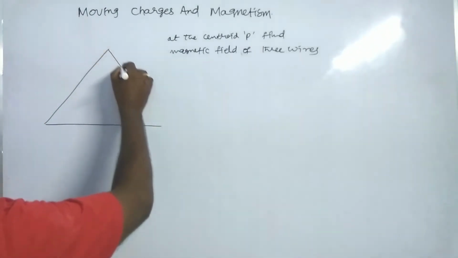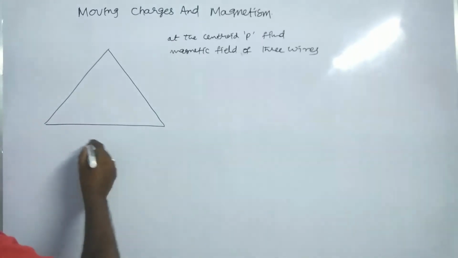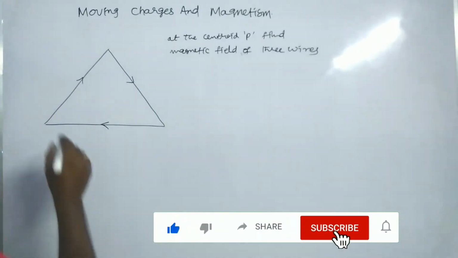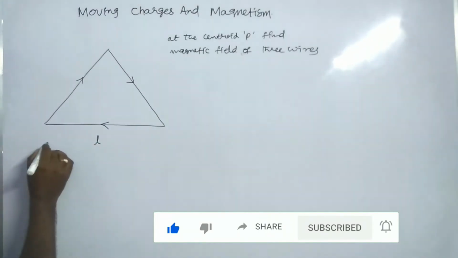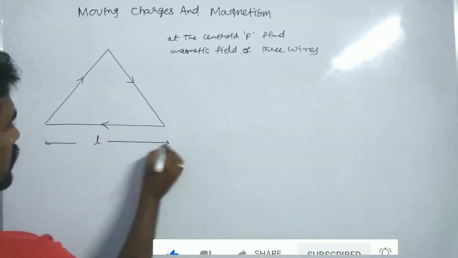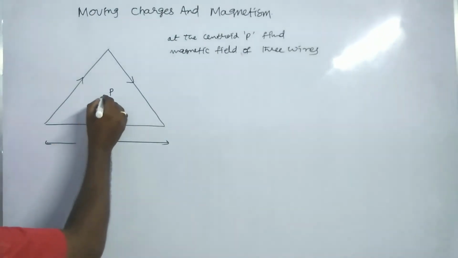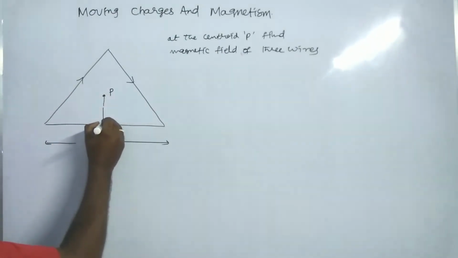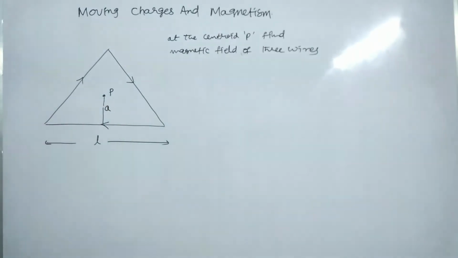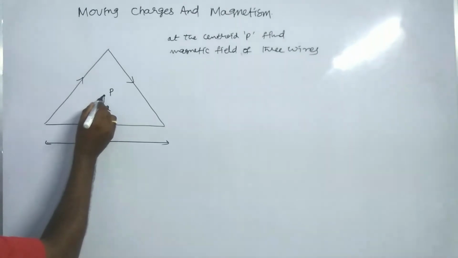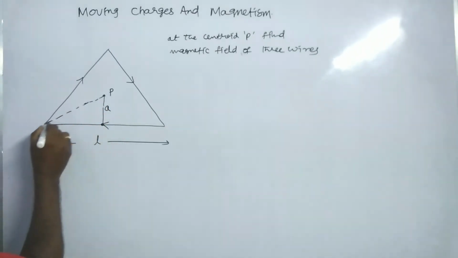So here this is one side of the equilateral triangle, with the current passing through it, and its length is L. At the center point, there is a point P. Here this is the perpendicular distance, let us call it A. At this point, you have to write the angles.